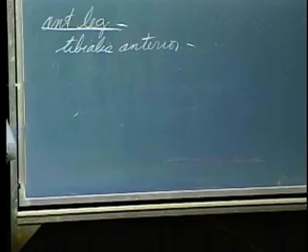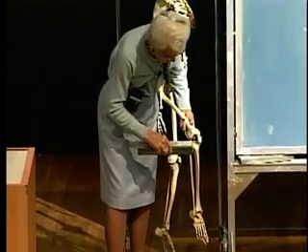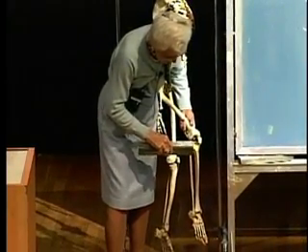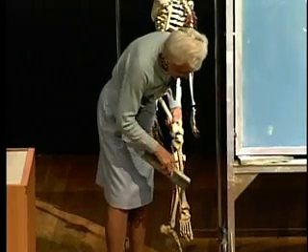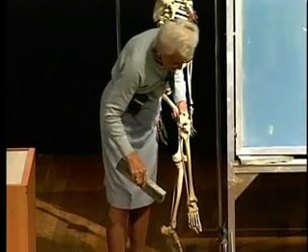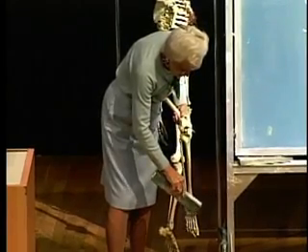So you can guess where it's going to be going. It will be coming from the lateral head of the tibia and the shaft, and it's going to go down to the first metatarsal and first tarsal bone.